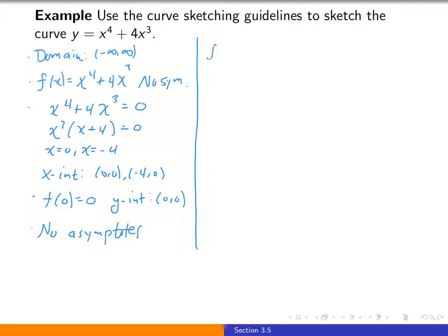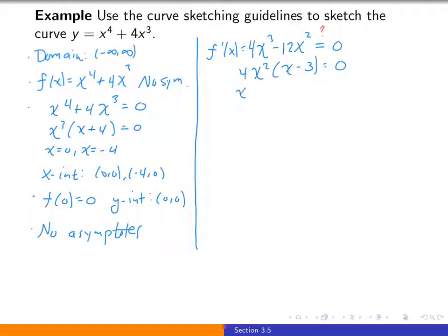So f prime x is equal to 4x cubed minus 12x squared. So to find the critical points, we need to solve for where this is equal to 0. Each term involves a 4 and an x squared, which leaves an x minus 3 left over.